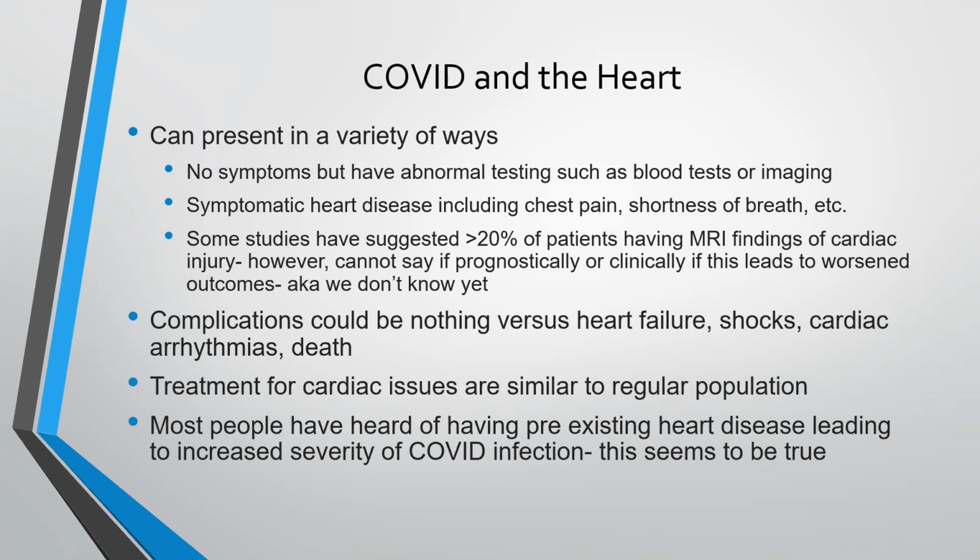I saw a couple of studies suggesting that greater than 20% of patients who had COVID had MRI findings of heart inflammation or injury, but a lot of these people felt fine. So they really don't know if that means anything. It could just be a red herring, for example. But we're looking into that.